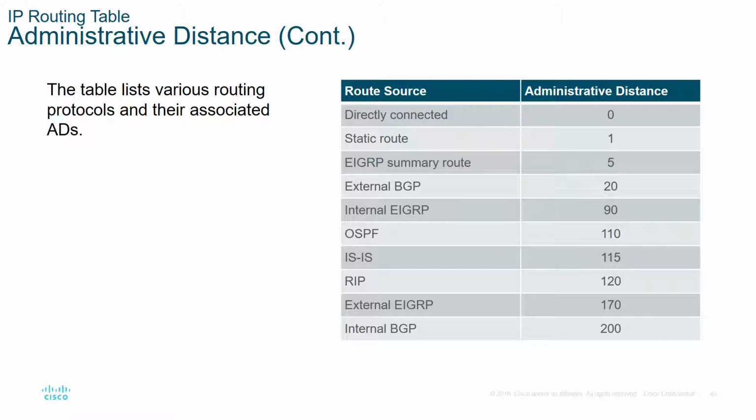You don't need to worry too much about these different routing protocols at this stage, but do be aware of these default administrative distances, because you will then see them when these protocols are used within the routers.